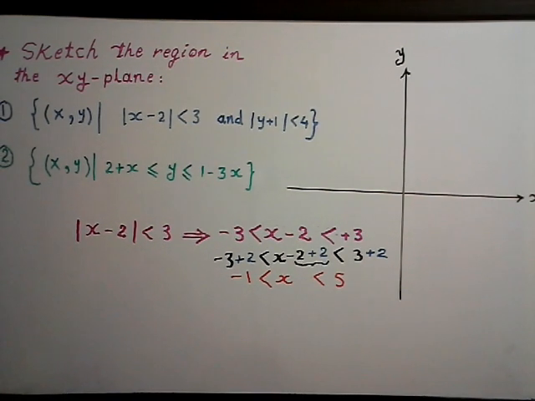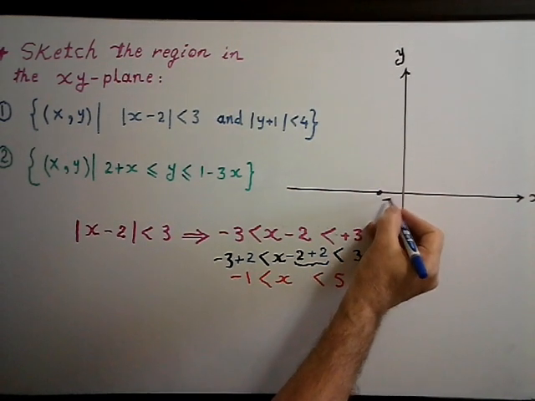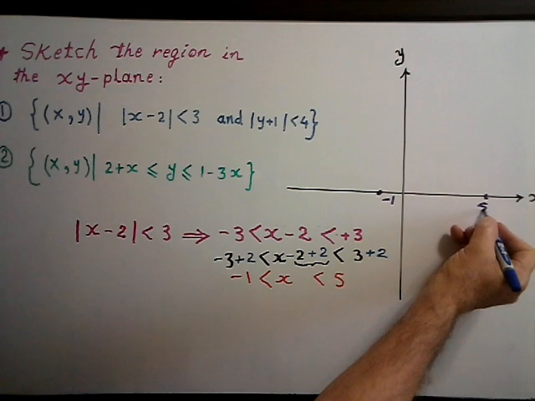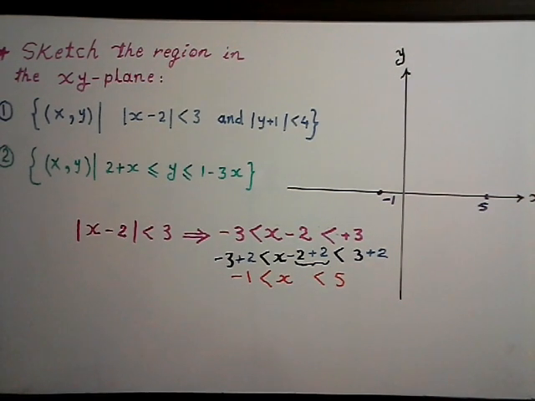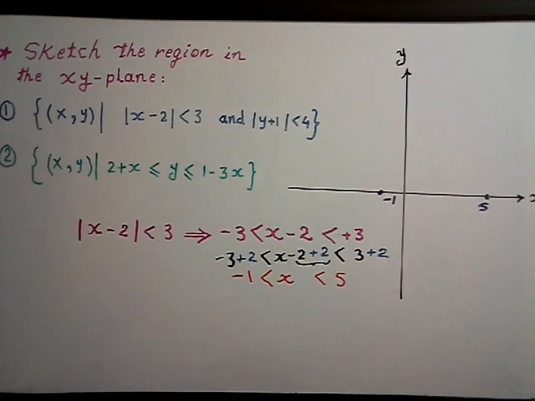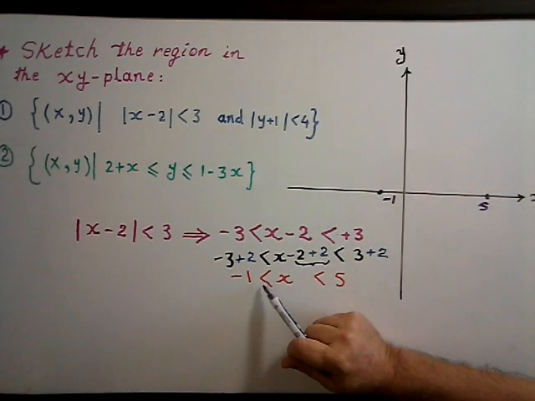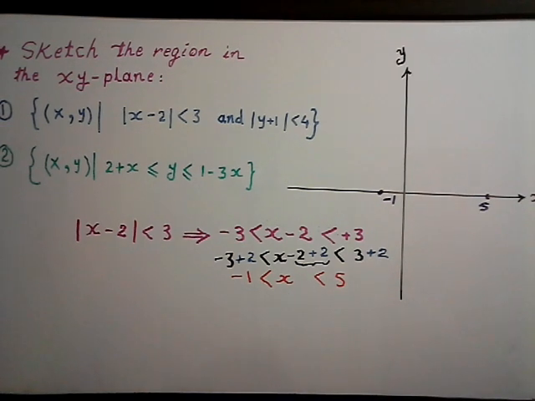See how can we do that? If we consider here negative 1 for x, here is negative 1, and here positive 5. So we will draw two dotted lines that mean not continuous, because there is no sign of equal here. There is only sign of less than.